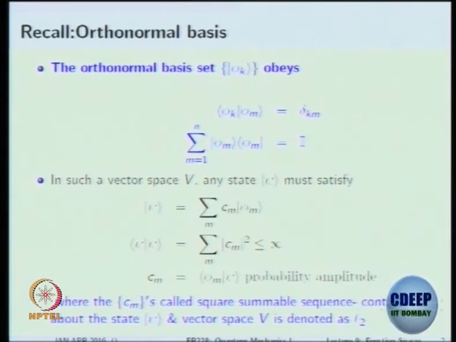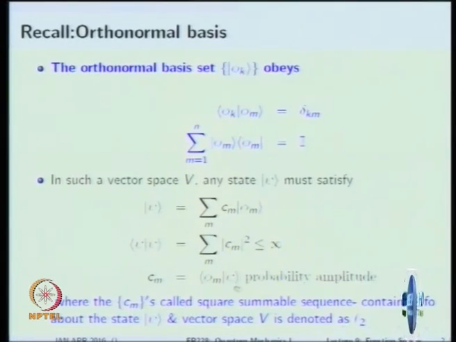We have done this in the wave function formalism, but I am just trying to rewrite it for you in the Dirac notation, that taking the inner product of psi with phi m will tell you what is the probability amplitude for an arbitrary state psi to have a component along phi m.